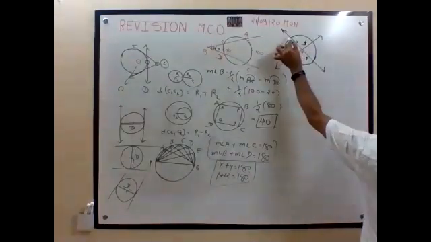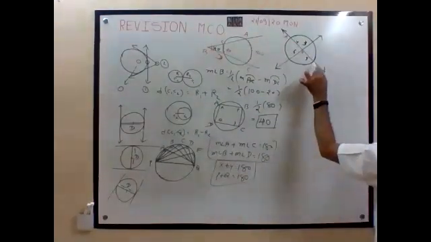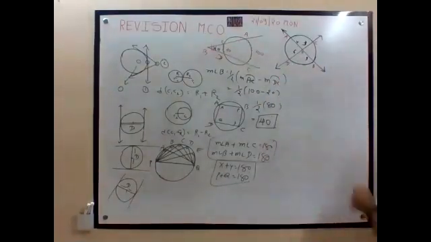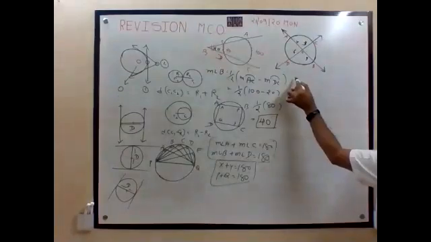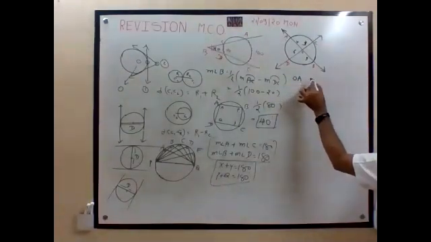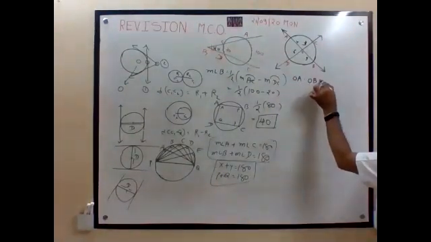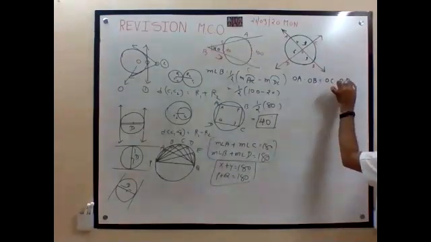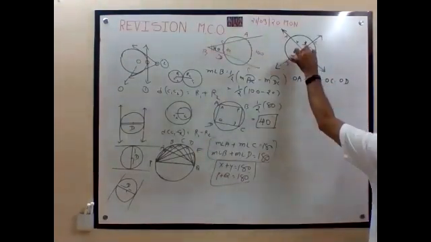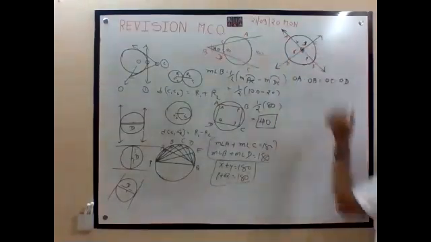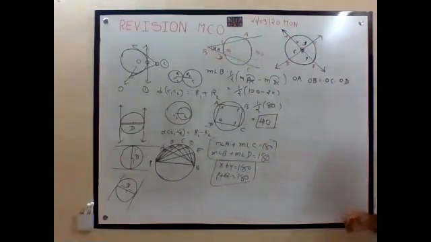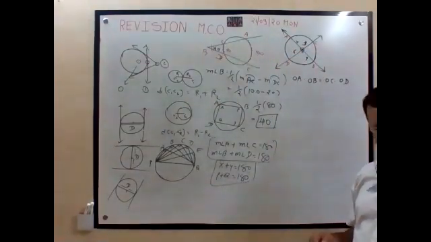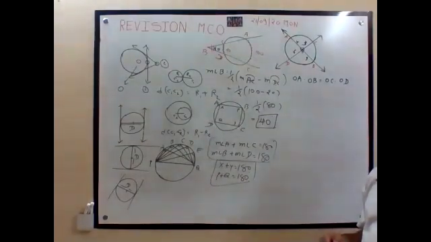This is O, this is A, B, C, D. We need OA. So the formula will be OA into OB equals OC into OD. Always you have to go from the intersection. From the intersection, every four segments will start.